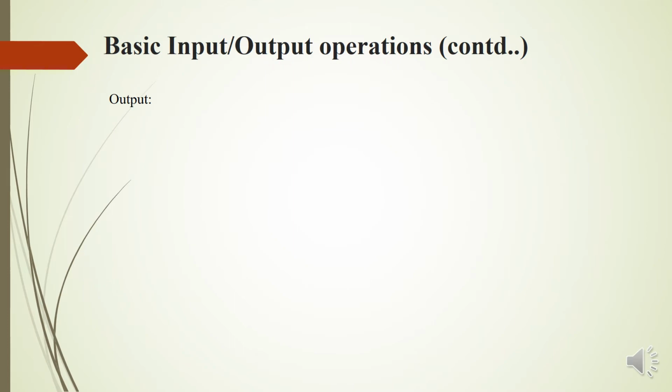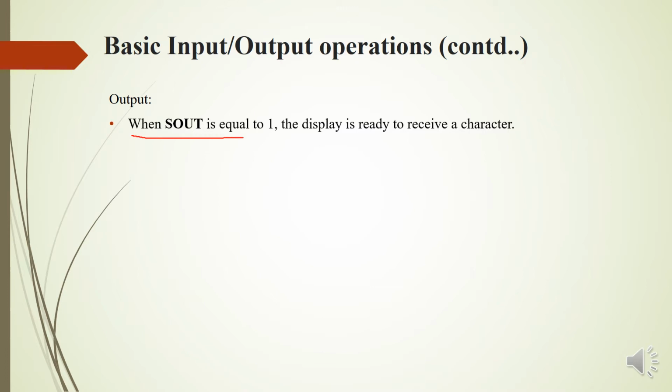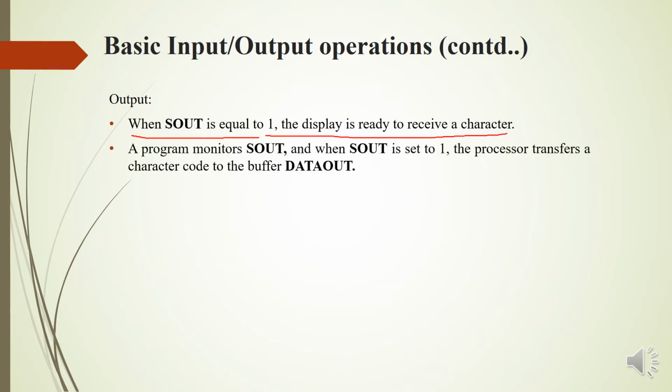And how is the output process carried out? When S out is equal to 1, the display is ready to receive the character. A program in the computer software monitors the S out, and when S out is set to 1, the processor transfers character code to the buffer register of the display module, that is data out register.